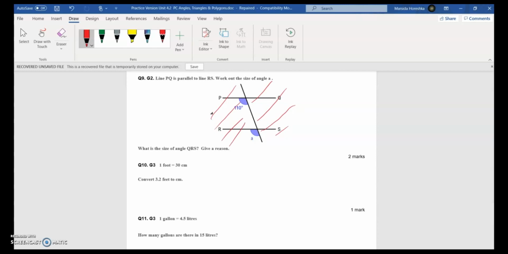So what we do is we have angles which are on the same side, so they correspond. So these two are corresponding angles.